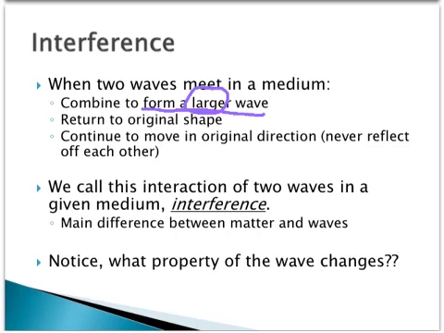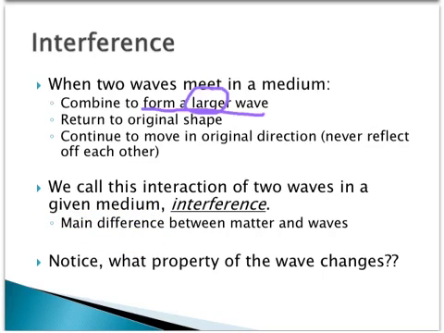This process in which the waves pass through each other to form a resulting wave is known as interference. Interference is a principle seen in sound waves, mechanical waves, as well as light waves.